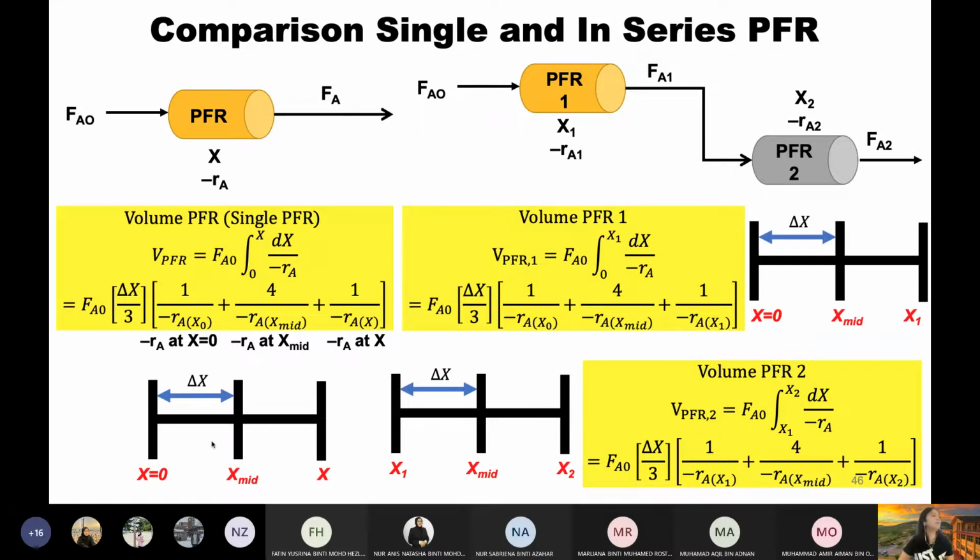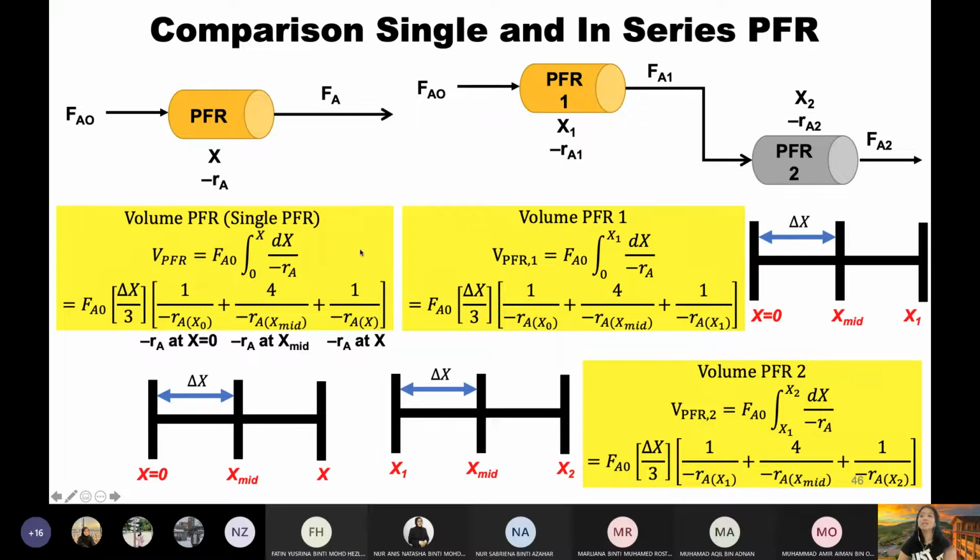So maksudnya it will be 4 per minus RA when your X is 0.4. Ataupun pada middle conversion kamu, which kamu kena cari sendiri. Kamu kena tahu berapakah kamu punya middle conversion. Cari di titik tengah. Katakan conversion kamu 0.6. So 0 to 0.6, middle conversion kamu 0.3. Maka kamu akan mencari 4 over minus RA when my X is 0.3.